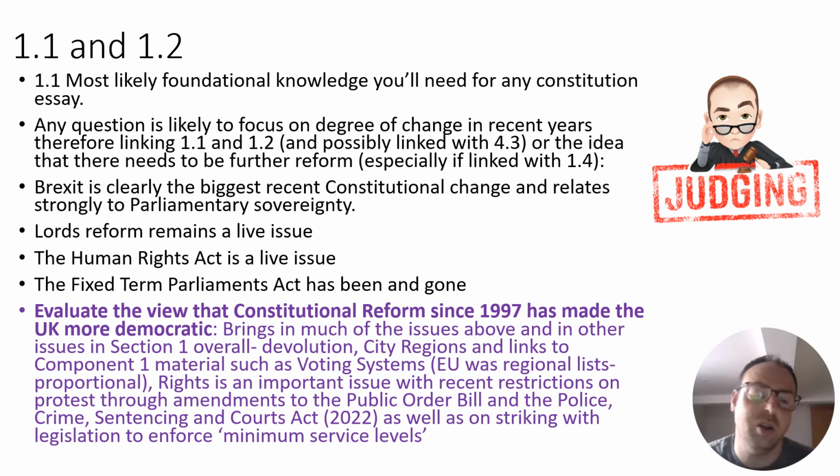It links to component 1 material, as I mentioned. So you've got things like democracy fundamentally not having shifted that much because we've still got the main voting system in place. Actually, some of the voting systems which are more proportional have been phased out. So we've lost the regional list system of the EU. Sorry, we've had the changes, the removal of SV.